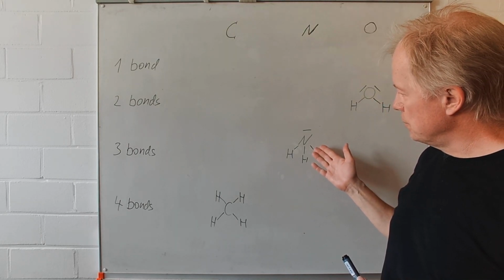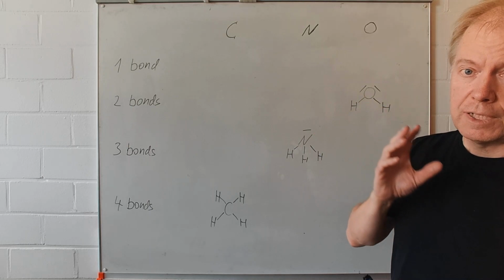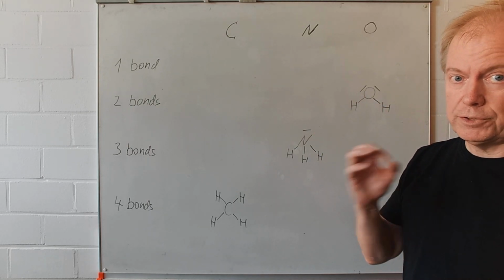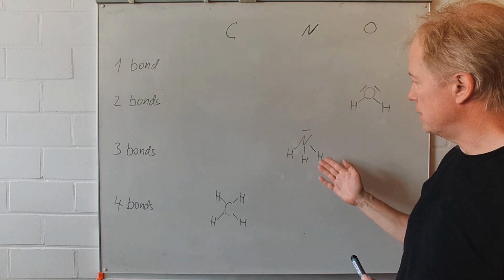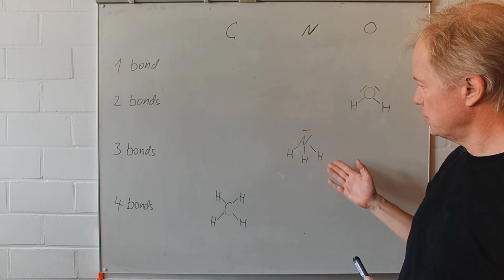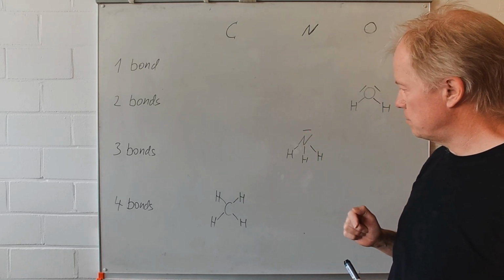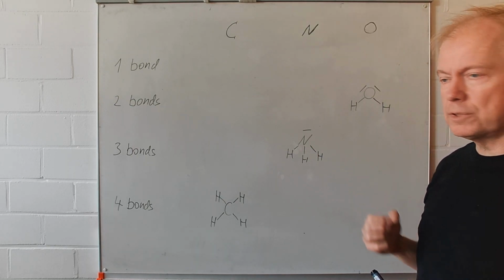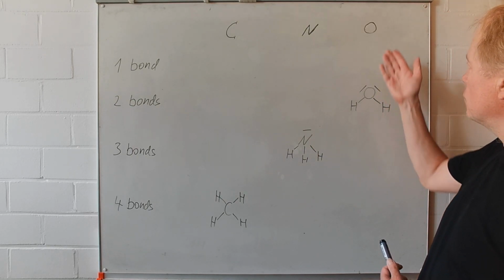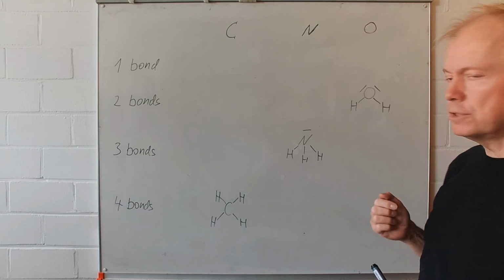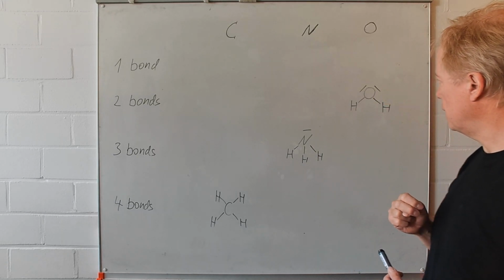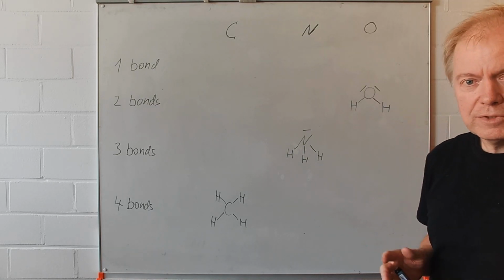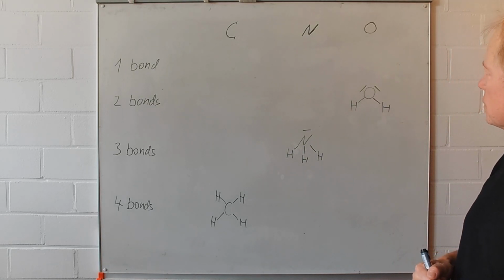For nitrogen, with hydrogen as bonding partner, it has 3 hydrogens and 1 free electron pair. Ammonia is a typical molecule, and oxygen has typically 2 bonds, and water is the standard molecule.